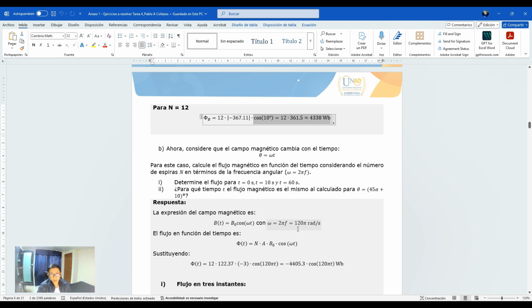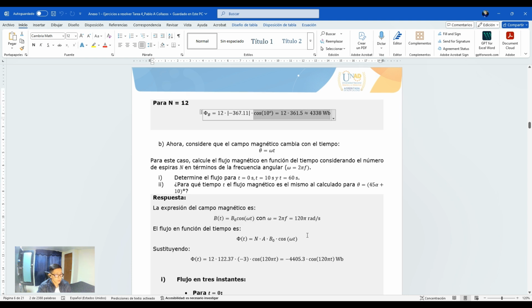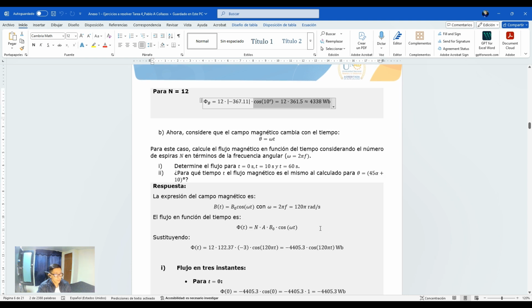In this case, the frequency is 60 hertz, so the angular frequency omega equals 2 times pi times 60. That gives omega equals 120 times pi radians per second.